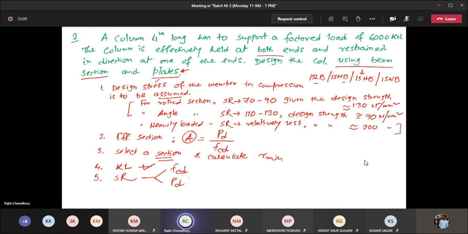If it falls within your range of assumption, then it is okay. Otherwise, you have to revise your section. So these are the typical 5 steps generally followed for designing the compression member.